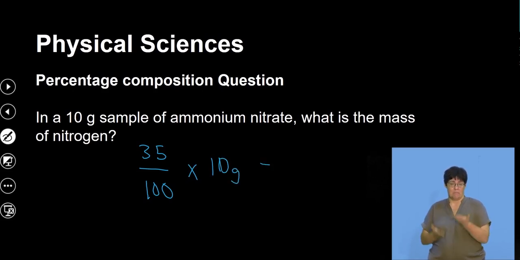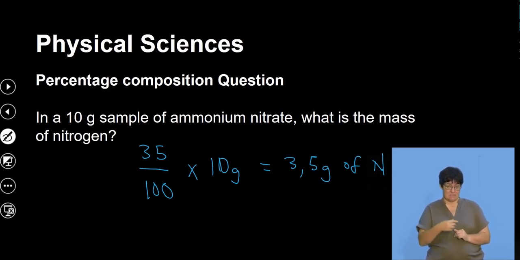We get 3.5 grams of nitrogen, which is 35% of 10 grams.